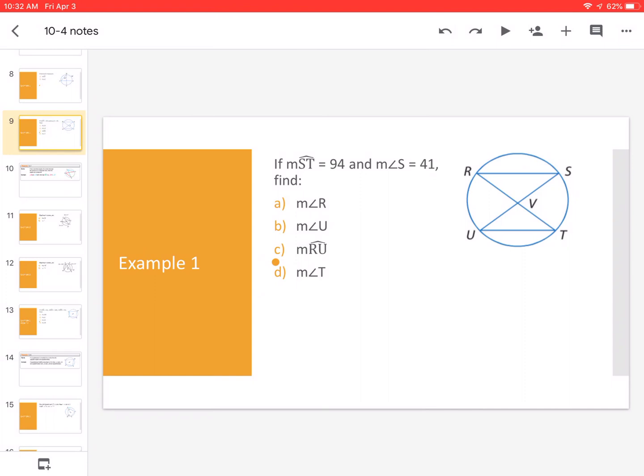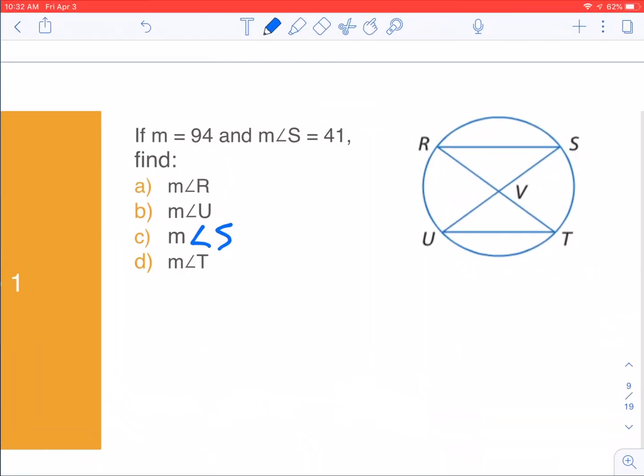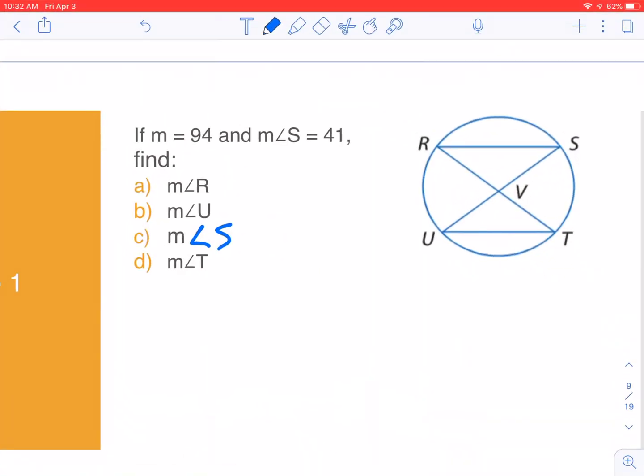ST is 94. All right, let's go back. This is the measure of arc ST, and this is going to be RU. Hopefully you guys fast forwarded that. That's the beauty of this whole thing, because I'm not going to take the time to edit all this.